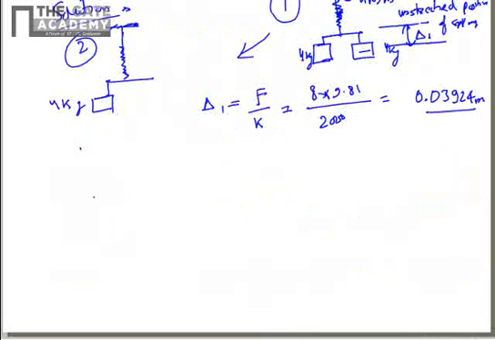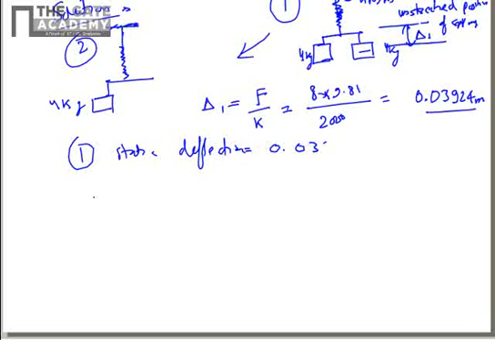So for position 1, the static deflection is equal to 0.03924 meter. Now what about position 2? Position 2, we are talking about the instant when the first mass is removed. So the deflection will be delta 1 only.